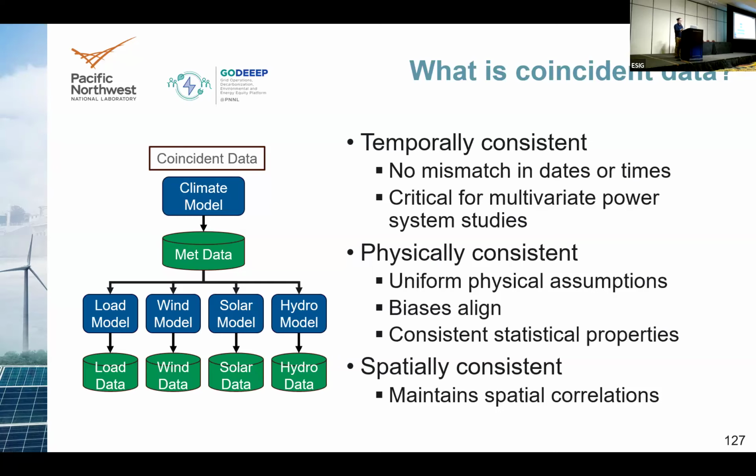That means you have uniform physical assumptions because they came from the same model. There might be biases in your coincident data, but when there are, they align across variables and you can correct for them in a uniform way. There are consistent statistical properties throughout the whole historical record. And finally, spatial consistency: when you look at the variables spatially, they maintain the correct spatial correlations.